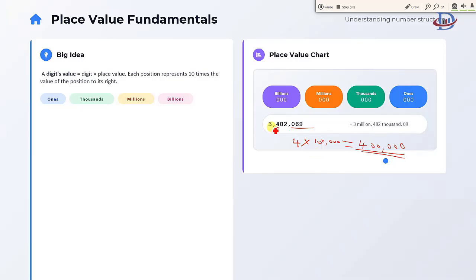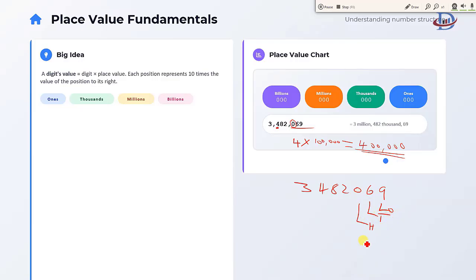Okay, the same applies if someone asks you what is the digit value of 0. So 0 itself holds the position there. What is the place value of 0? The place value is 100. Check out here, we have 3482069. From this number, if you check it properly, this is ones, this is tens, and this is 100.